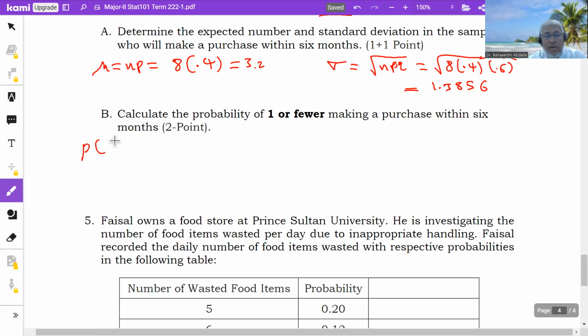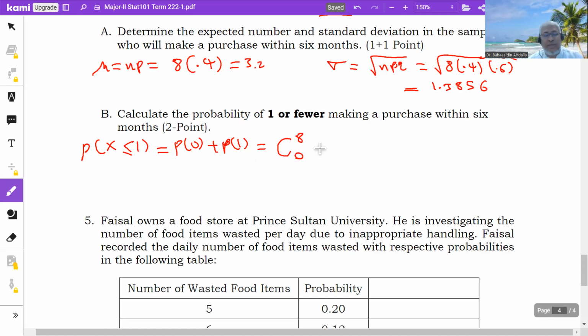Calculate the probability of 1 or fewer. Okay, probability of 1 or fewer. So less than or equal to 1. This is in fact probability of 0 plus probability of 1. So what is the definition of the binomial distribution? It is C, okay, of n. N is 8 here.